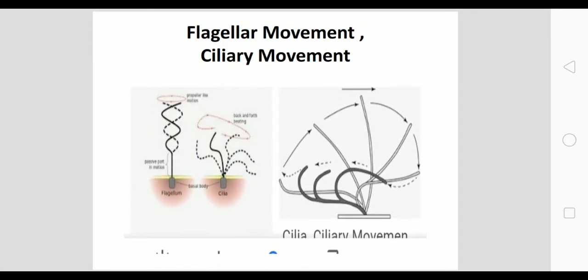In this diagram, you can see flagellar movement as well as ciliary movement. In the first diagram, we see flagellar movement, that the flagellum beats along its whole length, and cilia beat or show their movement in strokes.